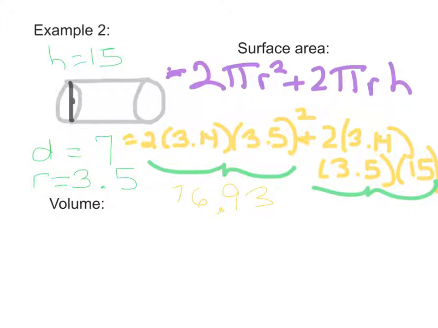76.93. And then I'm going to add that to the product of 2 times 3.14 times 3.5 times 15. And that becomes 329.7.